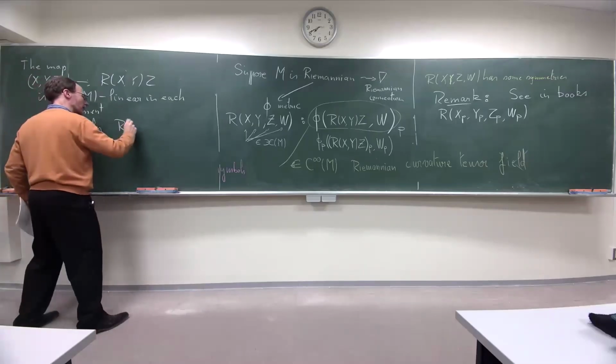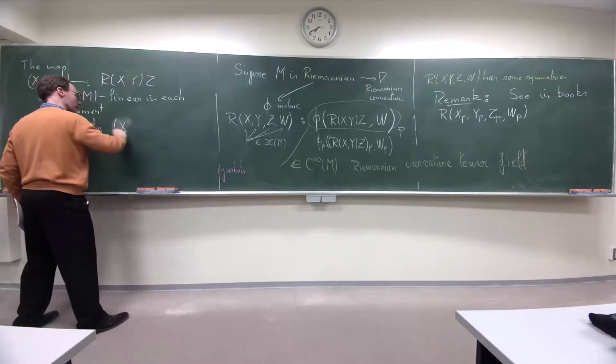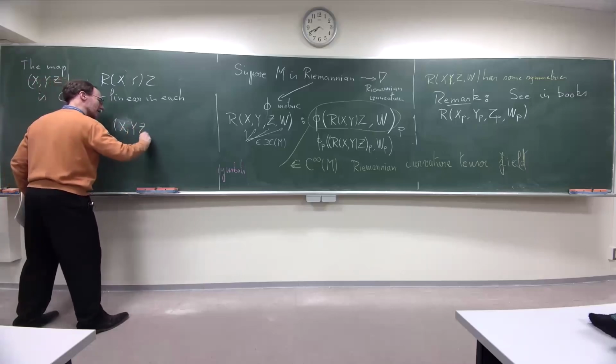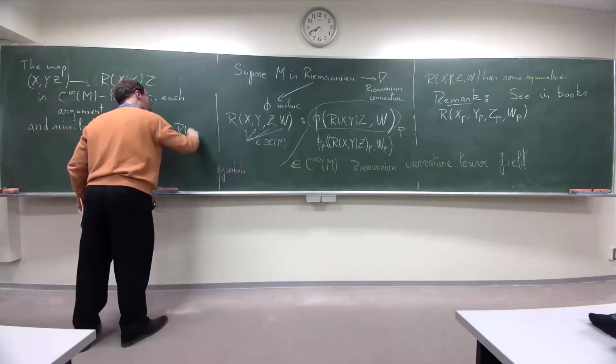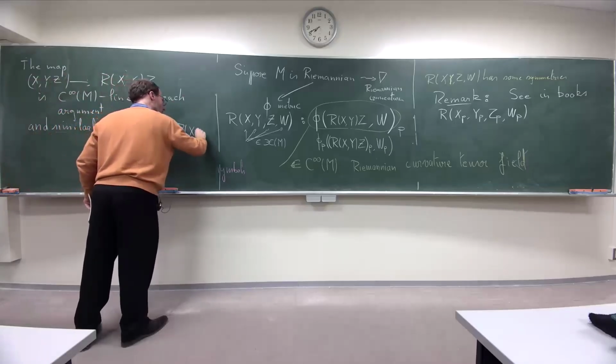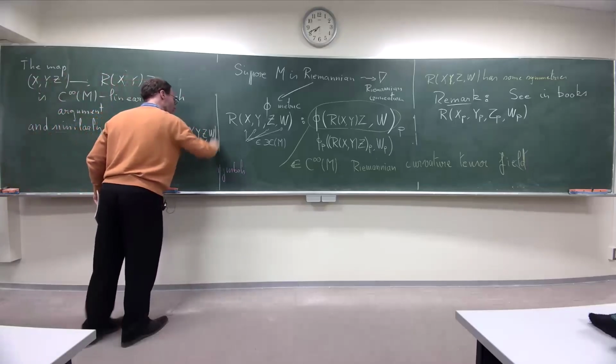Now, if you make it even more complicated, if you look at 4 arguments, x, y, z, w goes to what I define as R of x, y, z, w.